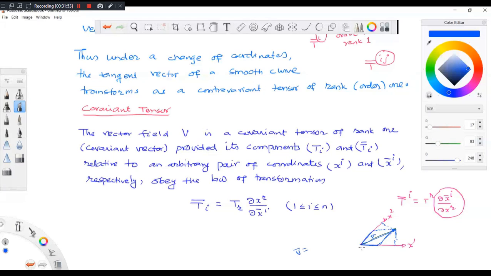V bar is equal to this component, let me call it V1, into some vector, let me take E1 bar, unit vector in this direction, E2 bar. So V1 into E1 bar plus V2 into E2 bar. So I can write this vector V1 into E1, this vector plus this vector is this vector.